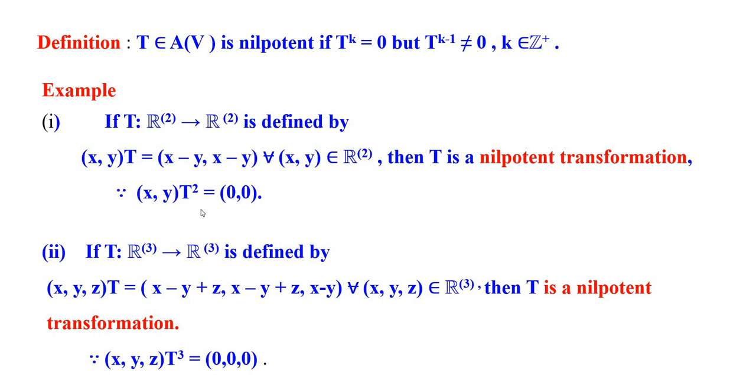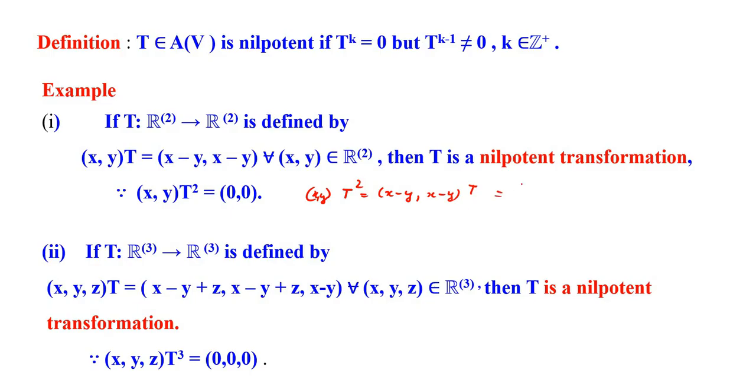The reason is when you apply this transformation T to this element xy, you get x minus y. And when you apply it again, the transformation T takes this element, and it is defined as the difference of these two.